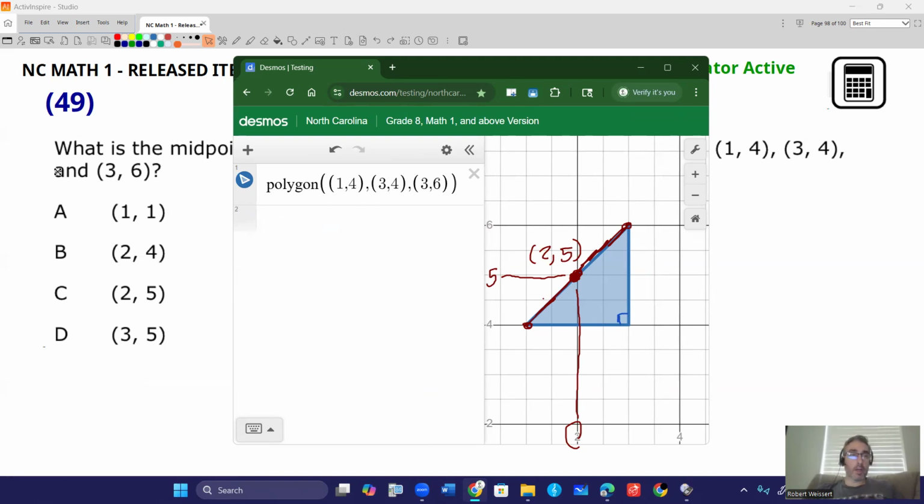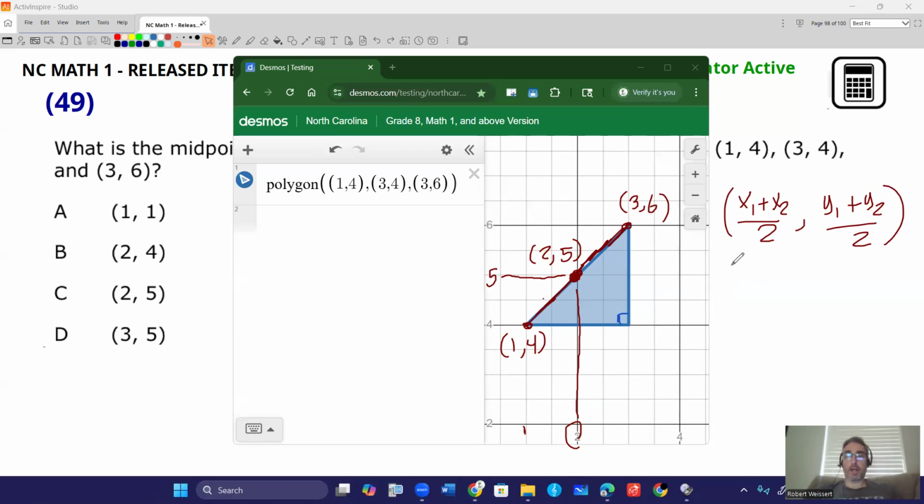You're going to take the averages of these coordinates. You have this coordinate (3, 6), and this coordinate (1, 4). To simply get the midpoint, you add up your x's and divide by 2, the average of your x's, and you add up your y's and divide by 2. X1 plus X2 over 2, Y1 plus Y2 over 2.